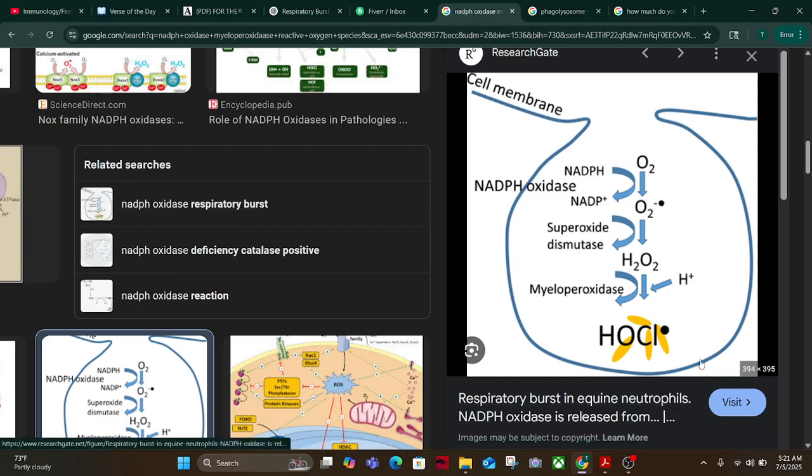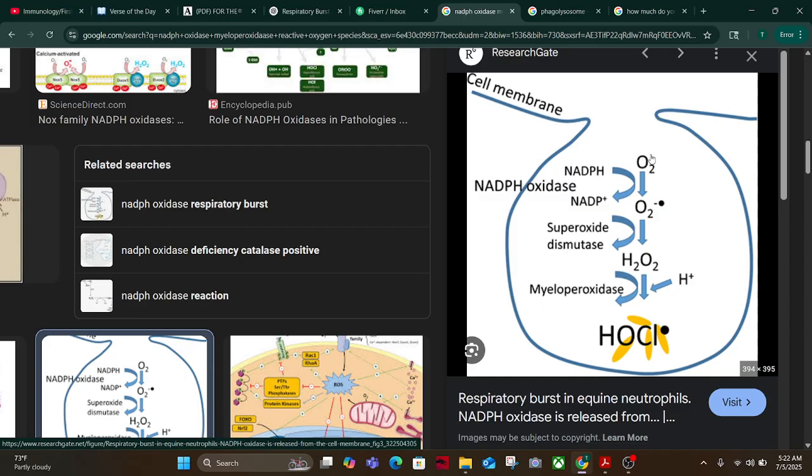If you look at the whole picture, the entire thing would be a neutrophil. Inside the neutrophil, you have the phagolysosome. Inside the phagolysosome, you have the respiratory burst. Now we're going to go through the respiratory burst. The bacteria is inside the phagolysosome, and this activates the respiratory burst.